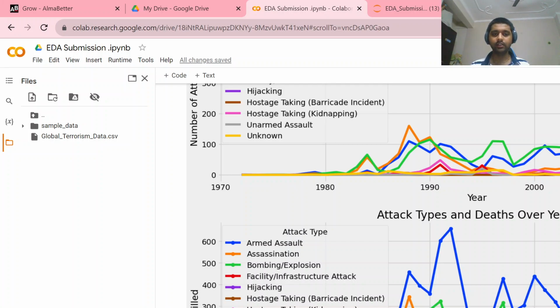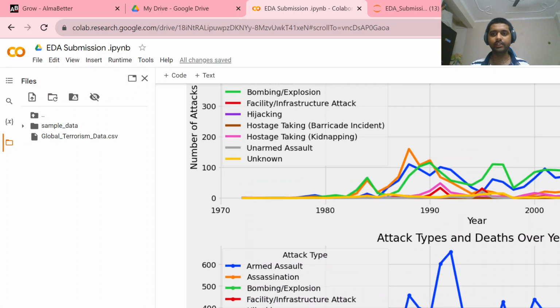Deaths due to hostage taking and assassinations are very few, but they come nearly around the deaths from bombing and explosions, which is the attack type highest in number.